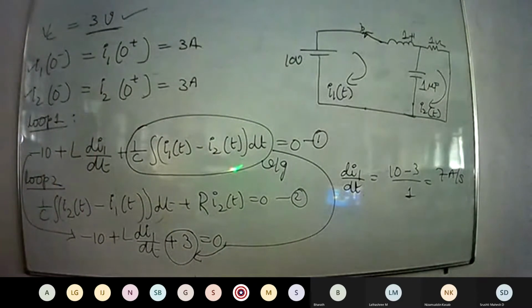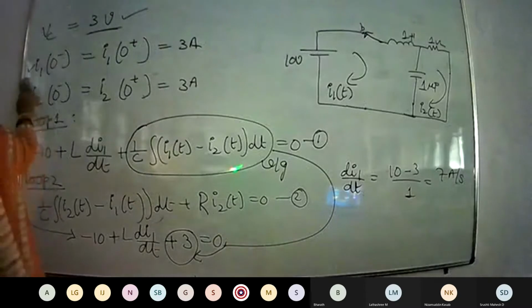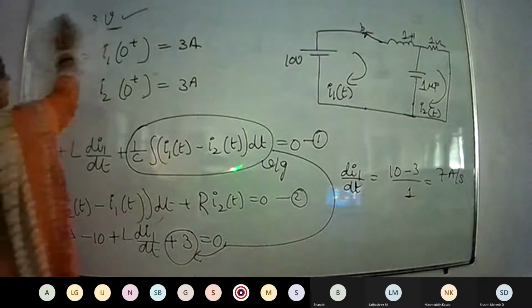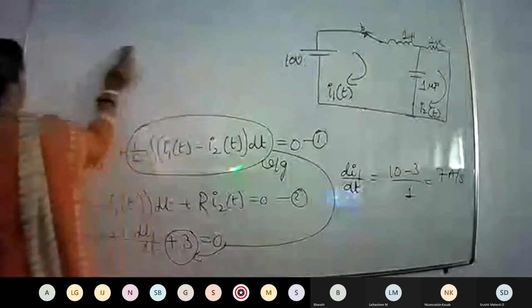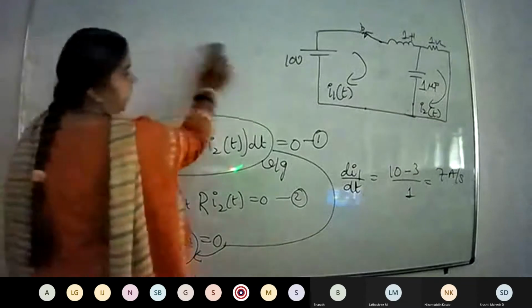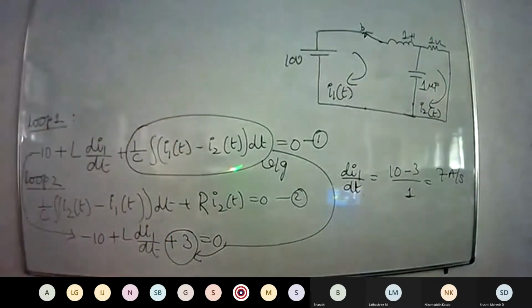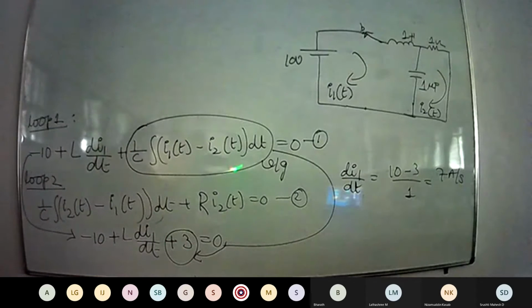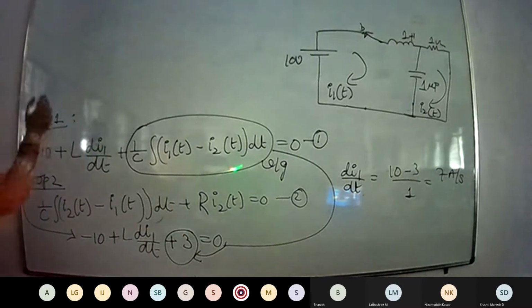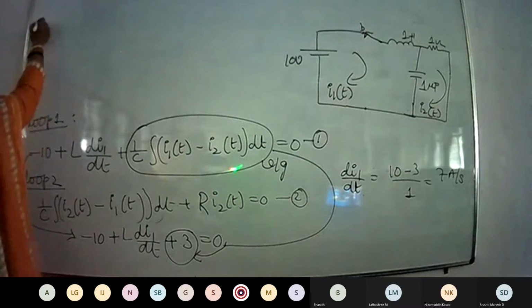Next, differentiating equation 1. After differentiating, what will we get? Differentiation of minus 10 is 0, so we will not get that.